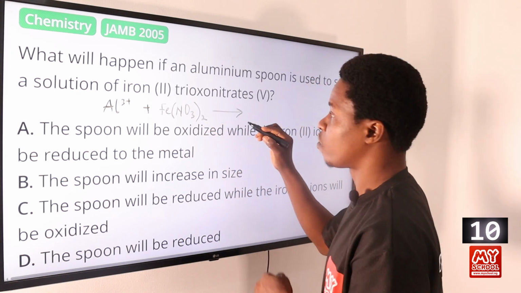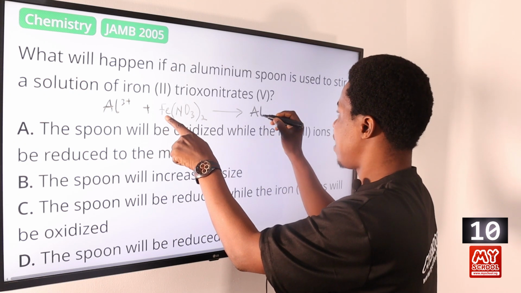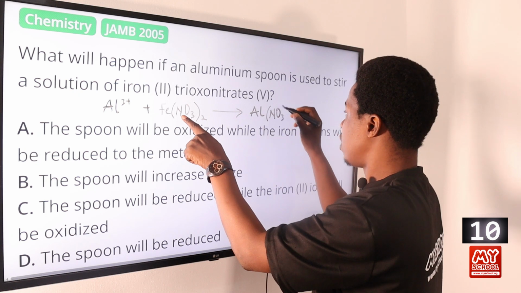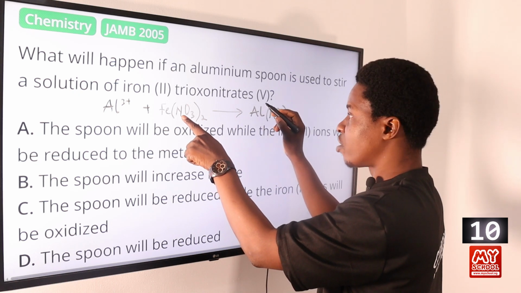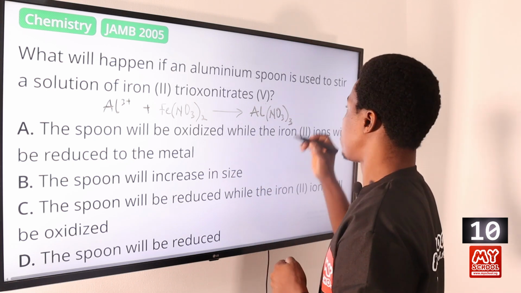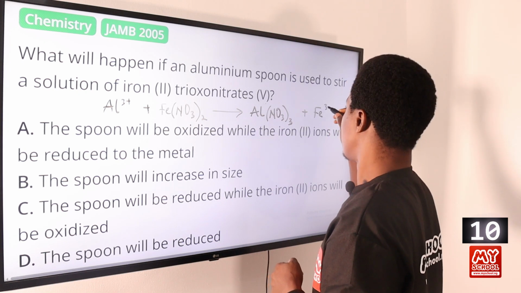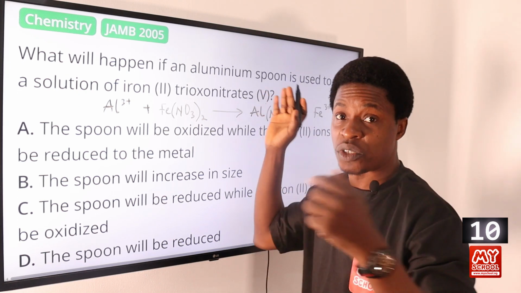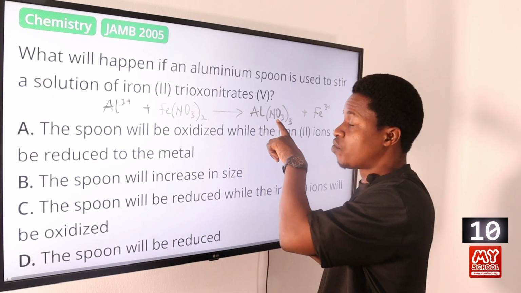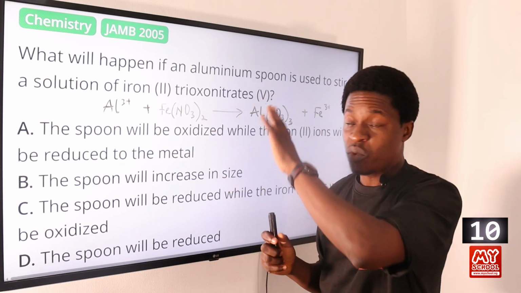So if this happens, aluminum is going to displace this, so we have Al, then we have Al(NO3)3, because aluminum is 3 plus, so this will not be 2, this will be 3 here. Of course we have Fe here, this one becomes neutral. You can balance the equation actually, but our aim is that we are going to have aluminium nitrate formed here because aluminum is going to displace this. Please balance up the equation that we have there.